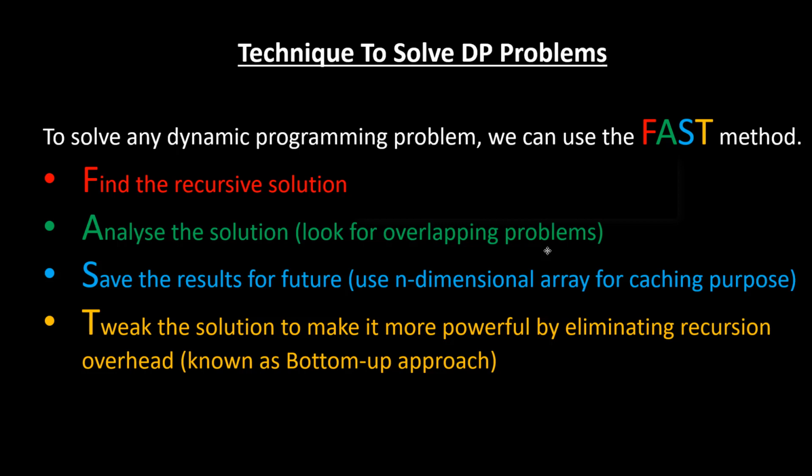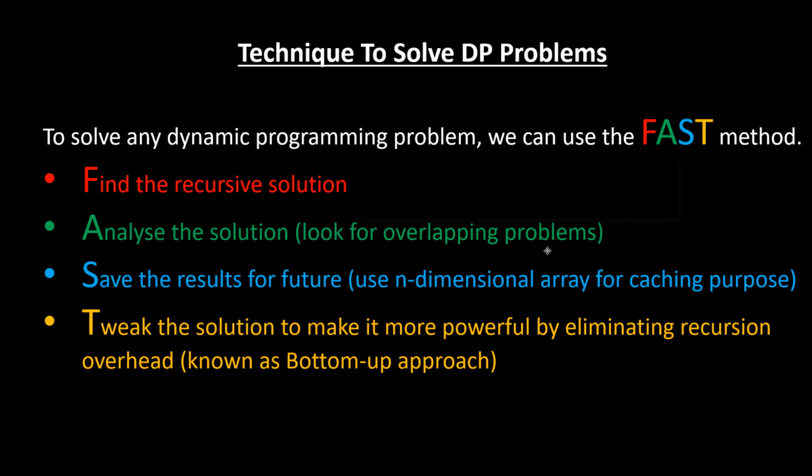When you use recursion, this is a top-down approach. When you remove that recursion and able to perform the same stuff with the iterative approach, this is called bottom-up approach. So if you are able to apply T, which is tweak the solution, that means it's a pure DP solution. Because recursion is always an overhead on your program. So try to achieve that T.